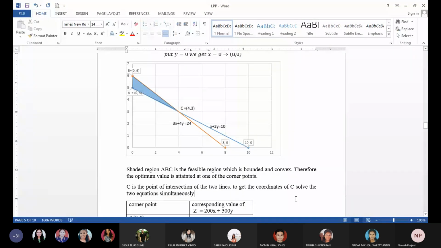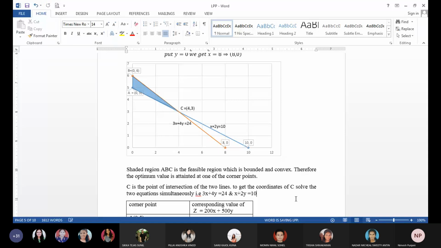The two equations are 3x plus 4y equals to 24 and x plus 2y equals to 10.